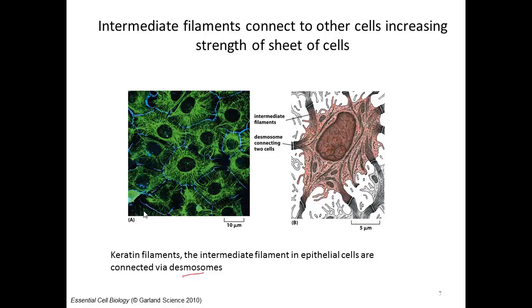Another aspect of the structural features that this slide makes apparent is if a cell experiences a mechanical stress on one side, this network can help distribute and dissipate the forces so that impacts to any particular region of the cell will be minimized.